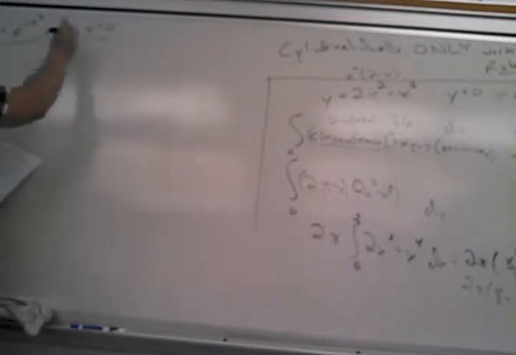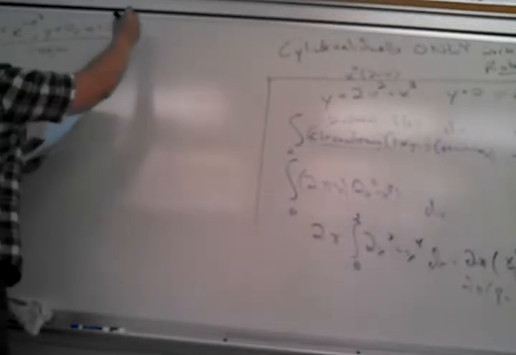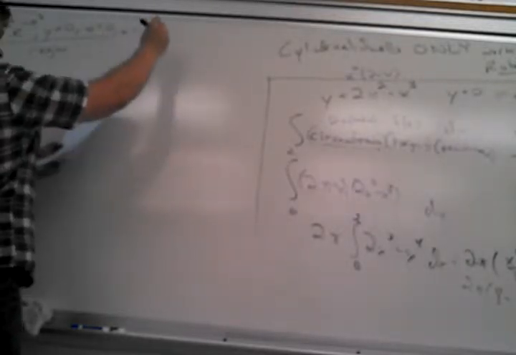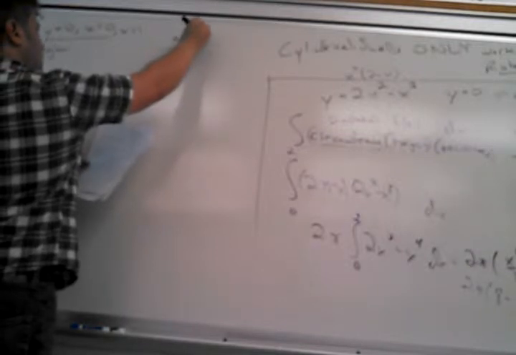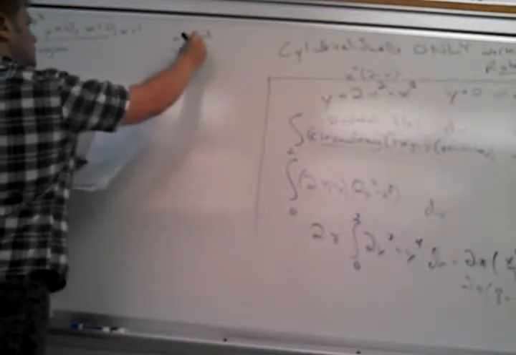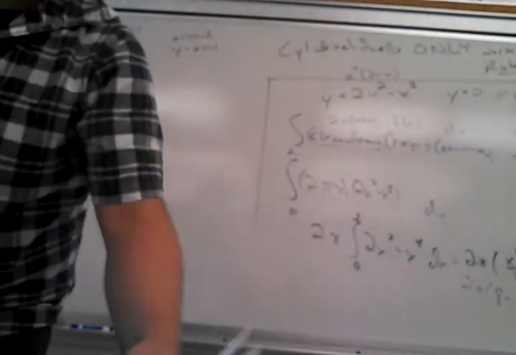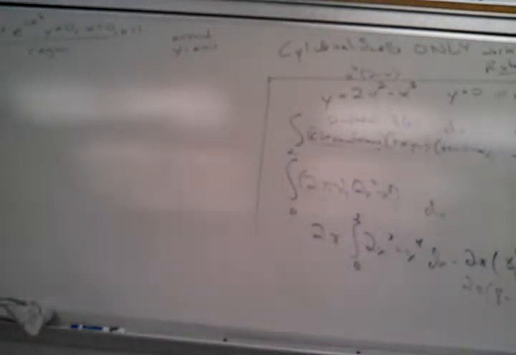This is the region, and I want it around the y-axis. That'll work. And then we'll do one around the x-axis. So it's a region bounded by all these things here, right? So this is just the x-axis, y-axis, x equals 1, and this.